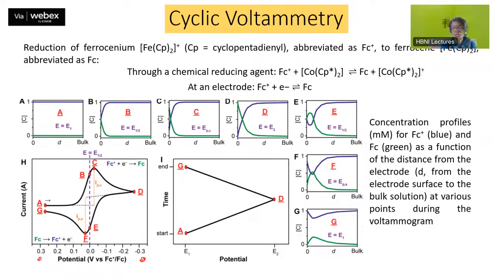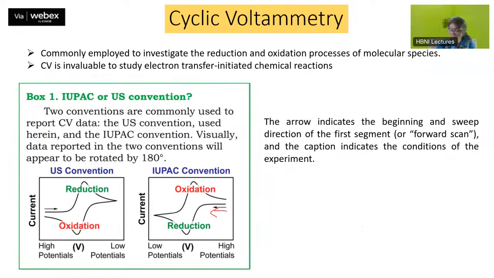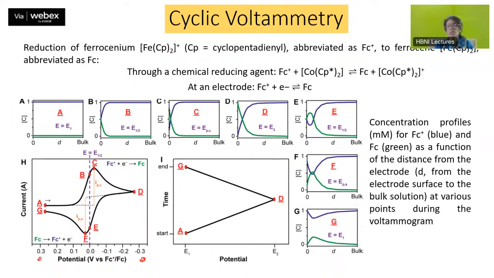What you have over here initially, the top part, if you remember from the previous slide, is the reduction reaction. In this reduction reaction, if you look at these different plots, like the concentration of Fc+ and the concentration of Fc, this is shown over here at points A, B, C, D, E, F and G. These are the different points in your cyclic voltammogram. When you are looking at A, the highest concentration is of Fc+.